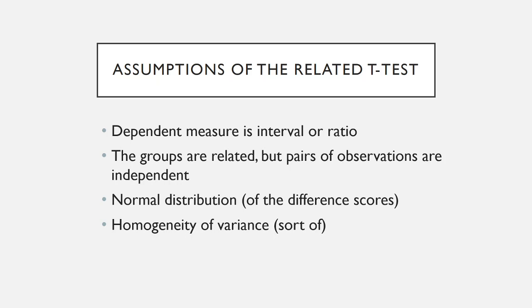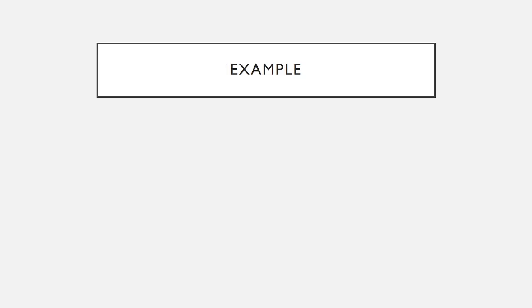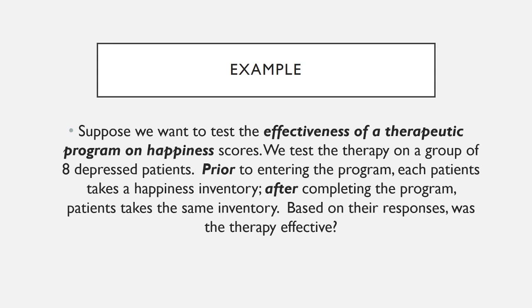Some people argue that this assumption should be met, but actually most analyses that use a related samples t-test don't mention homogeneity of variance, and no specific analysis is done to actually look into it. So for the context of a related samples t-test, we don't really need to pay much attention to homogeneity of variance at all. So I'll show you some examples.